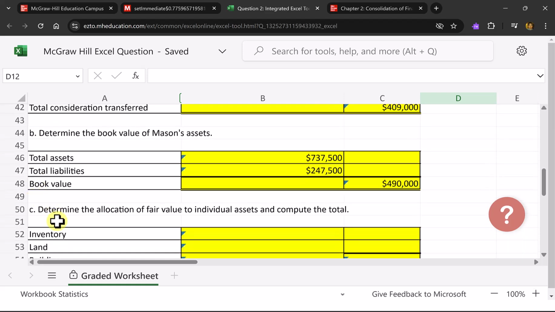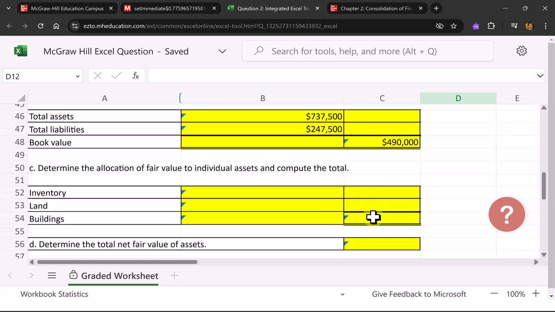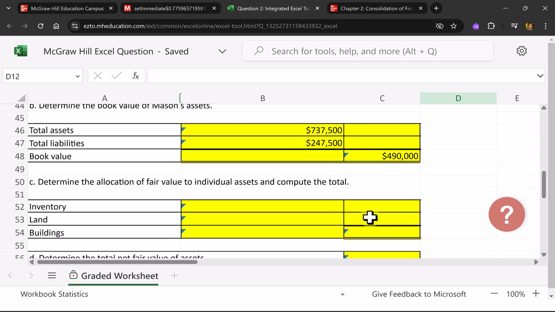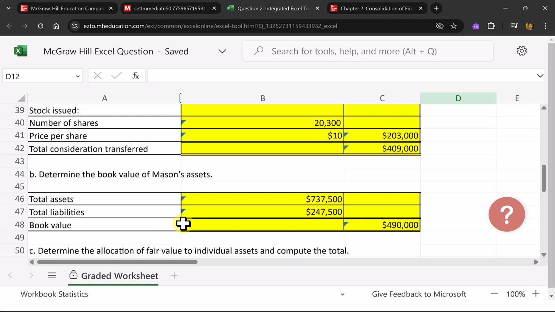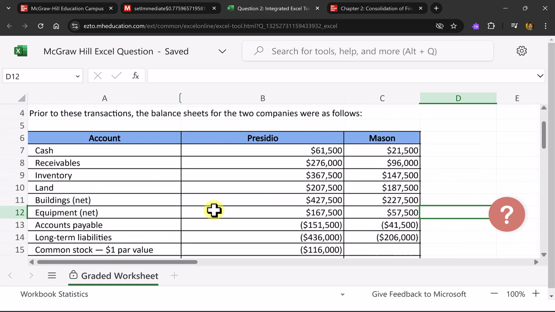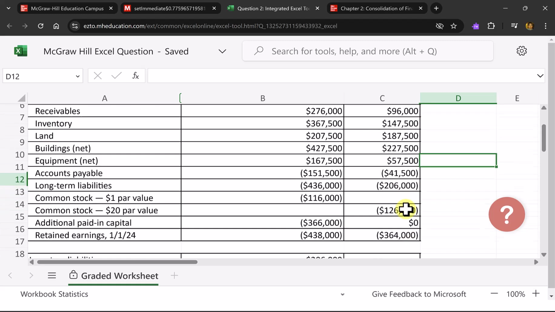Step C, determine the allocation of fair values to the individual assets and compute the total. Let's see. I want to take the book value of these assets and add it to, again, the book value, that's these three up here. Which three now?